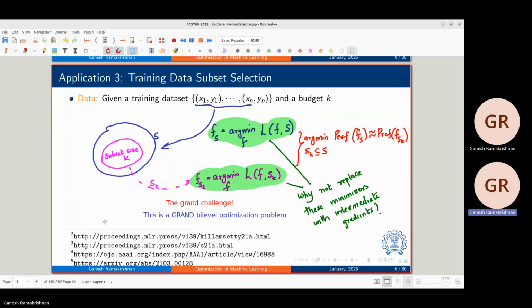Okay, so argmin over the, let me just put theta here. Argmin of theta along with SK, F of SK.